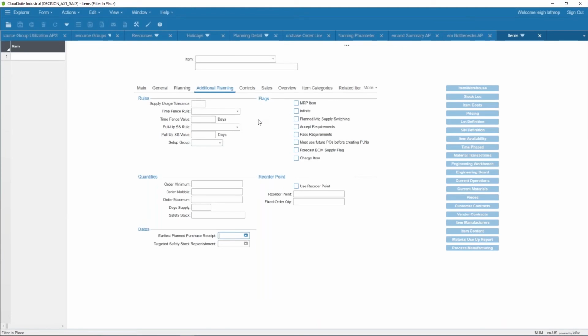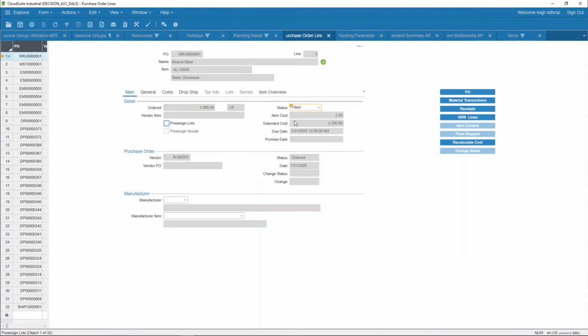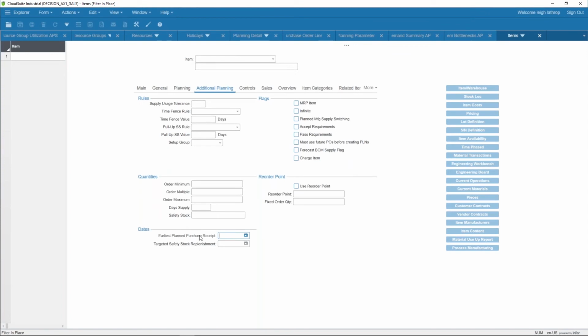So if we have a disruption and we don't know when we're going to get the material, our methodology becomes going out and changing the status of ordered purchase orders for those materials that we can't have available to filled, and or coming to the items form and updating the earliest planned purchase receipt, running MRP planning, running APS planning, and then using the tool sets you're using today, either your shortage report in MRP or in APS.